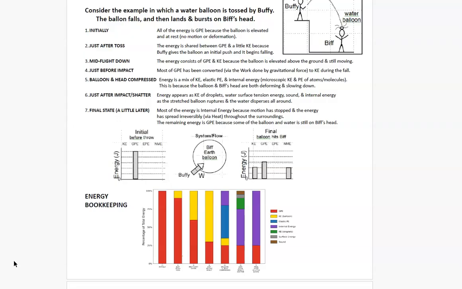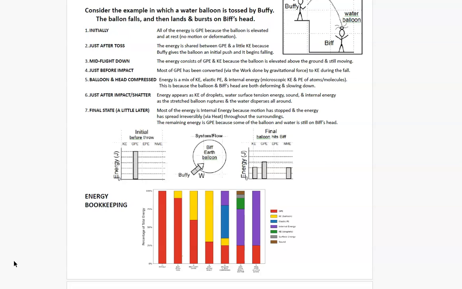And then by state 7, the final state, which is a little while later, that internal energy has had a chance to stop, and the energy has spread via heat throughout the surroundings, and the remaining energy is a little bit of gravitational potential energy, because a lot of the water is still on Biff's head, which is a bit above the ground.